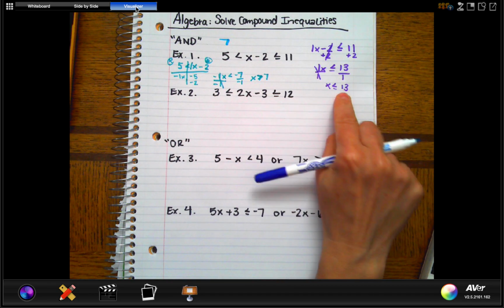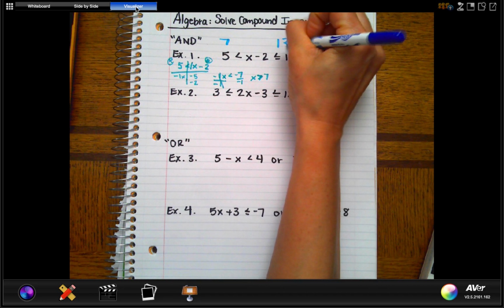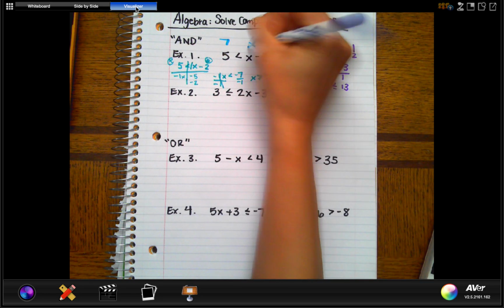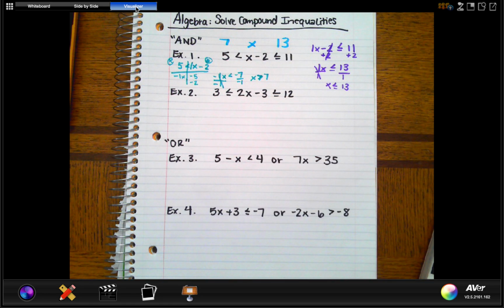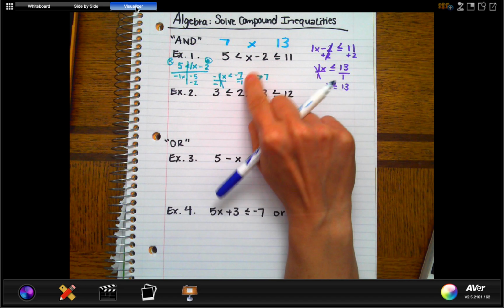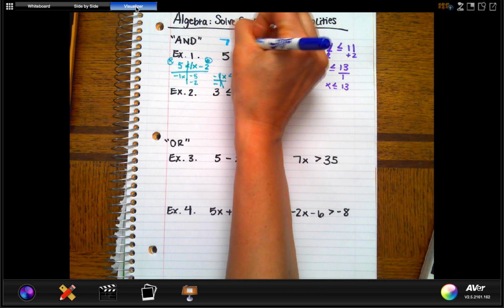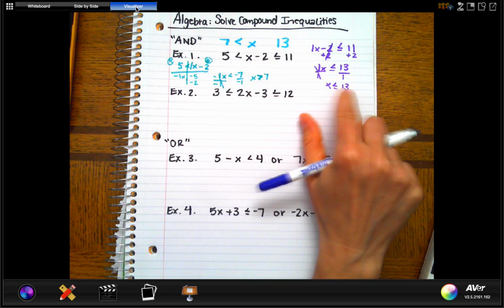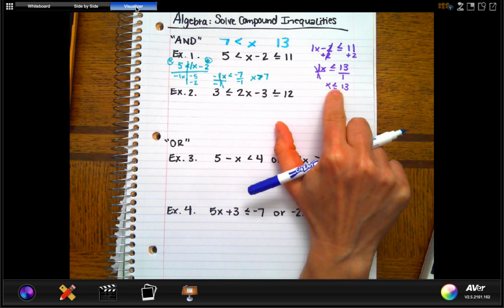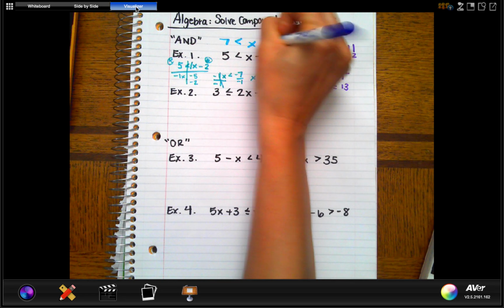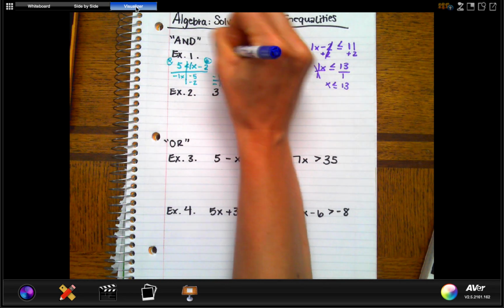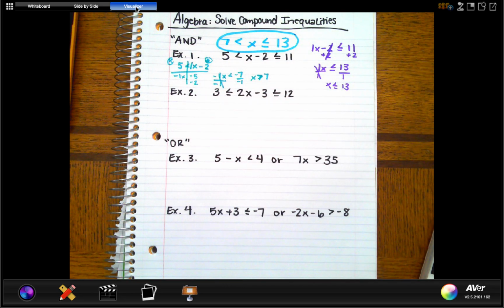The larger number we came out with is 13. X goes in the middle for and. On the 7 one, the alligator is eating the x, so we want to make sure that happens here. On the 13 answer, the alligator would be eating the 13, and that's how you put it back together, and that's your final answer.